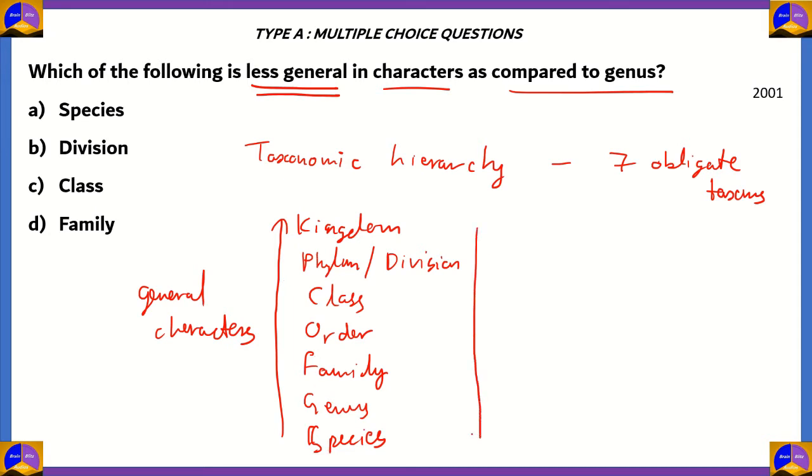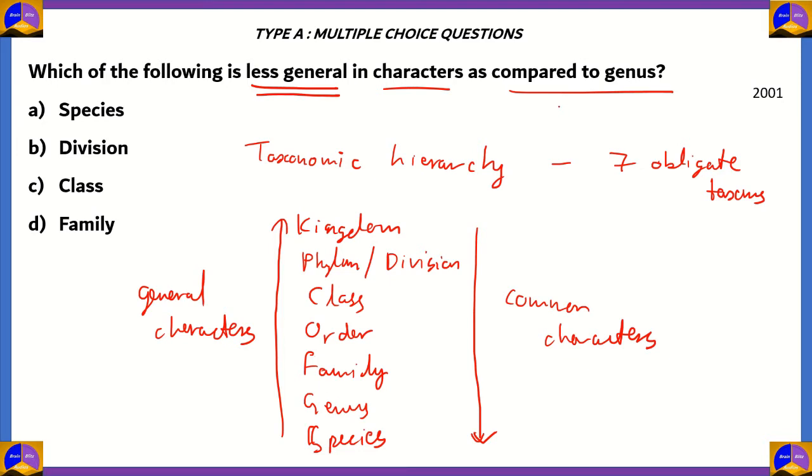And if we look at common characters, well, they increase as we move from kingdom to species. Now, kingdom is the largest taxon and species is the smallest. So that means the number of general characters decreases as we move towards the smaller taxons.